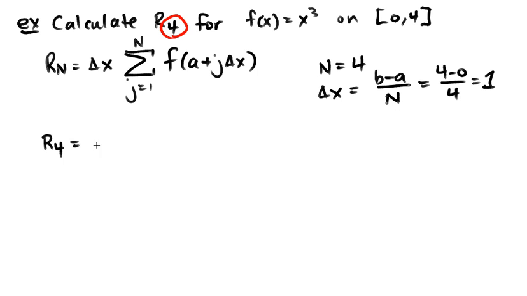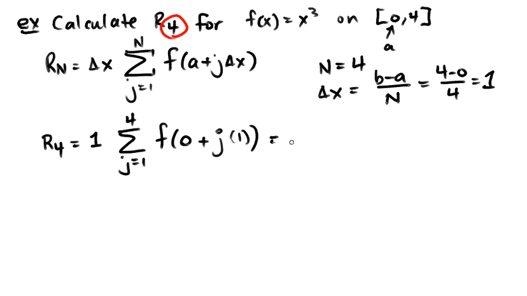Now we substitute that information in, so delta x is 1, our j goes from 1 to 4, our a value is 0, as you can see in the interval, and our j value is still j, and delta x, as we calculated, is 1.